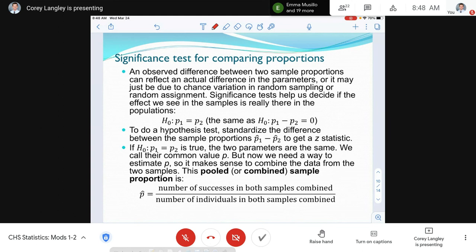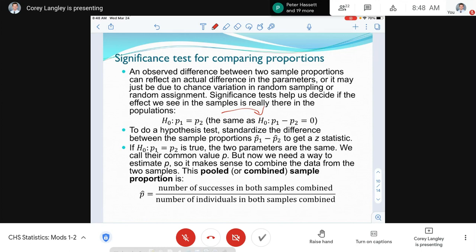For us, the two proportions are the same. And again, that's the same as saying that their difference is 0. Now, the alternative hypothesis, if it's just purely interested in a difference, is a two-sided, not equal sign there. If we have an implication of direction, then we'll use the greater than or the less than symbol.